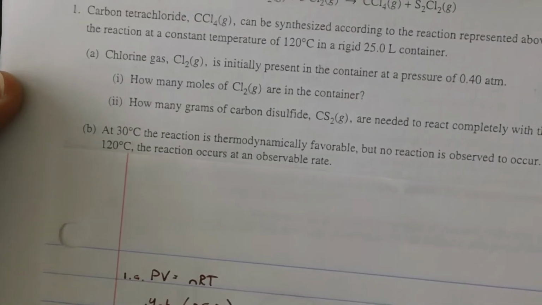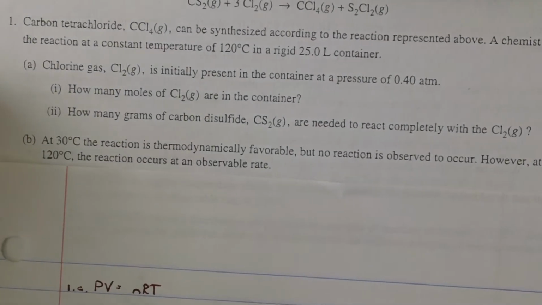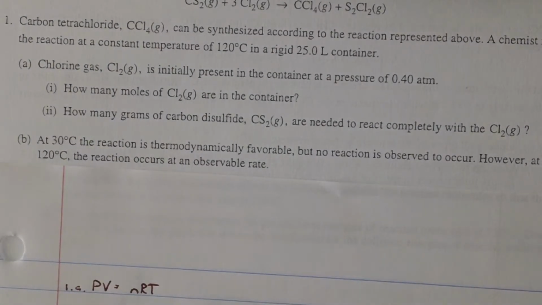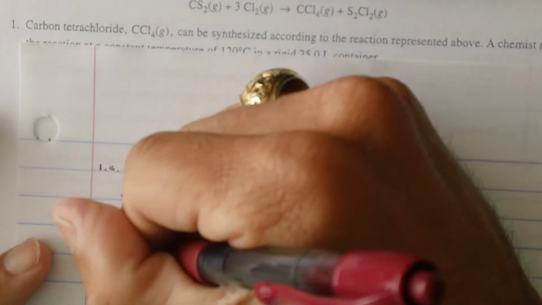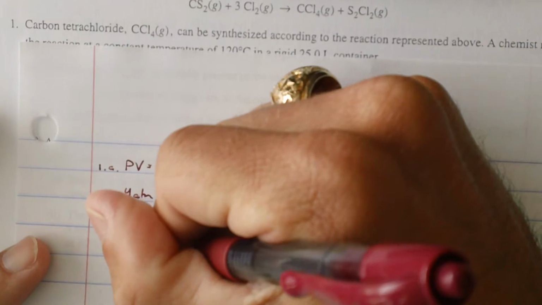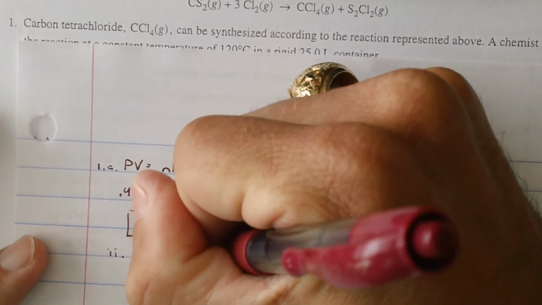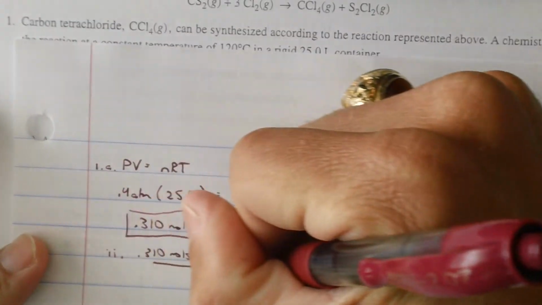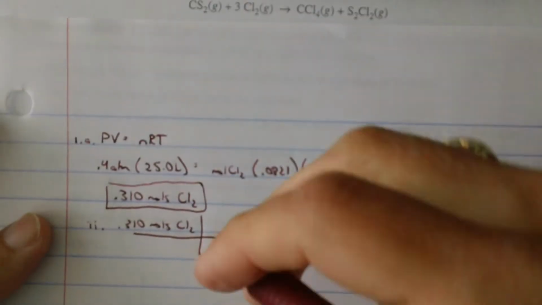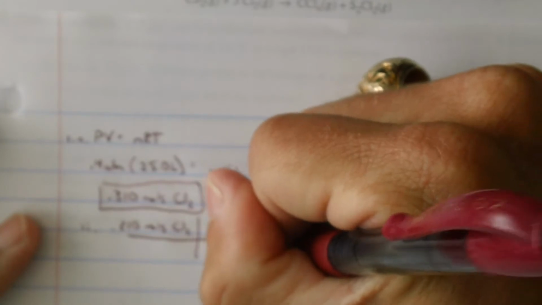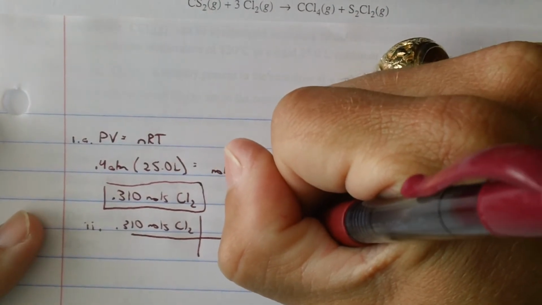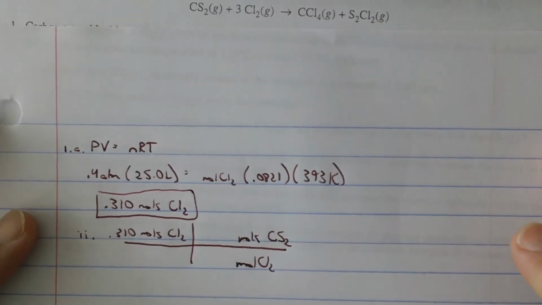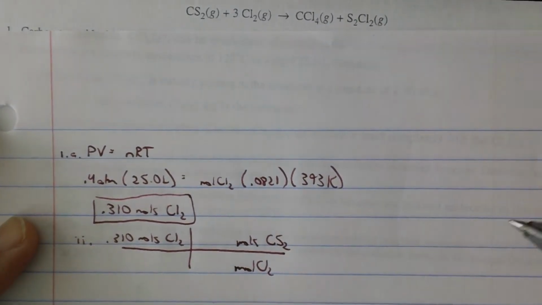It asks how many grams of carbon disulfide are needed to react completely with the chlorine. So we take our moles of chlorine. This is a simple little stoich problem. We take our 0.310 moles of chlorine, and we are working towards what we want, grams of carbon disulfide. So moles of Cl2 come down, moles of CS2 on top. There's our balanced equation hidden up there.